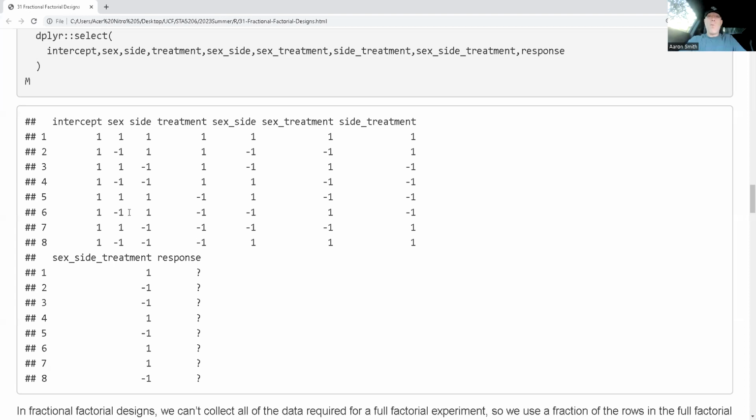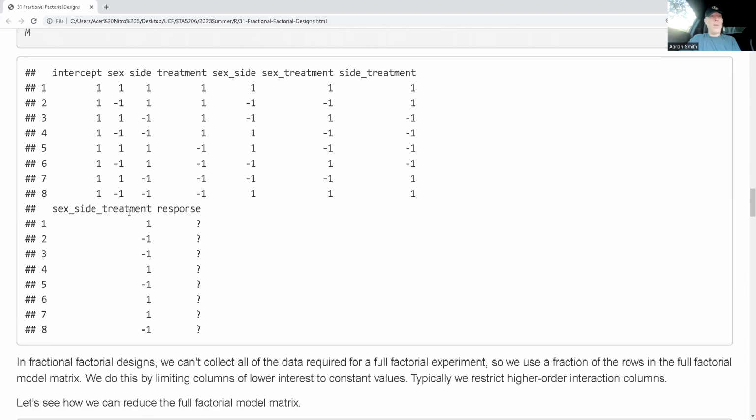In this full factorial design, there is no redundancy at all. There is no overlap. Everything is completely distinct. Also, that 8x8 matrix is an invertible matrix, which means that I'm maximizing the amount of information that I can get from such a small number of rows of data.